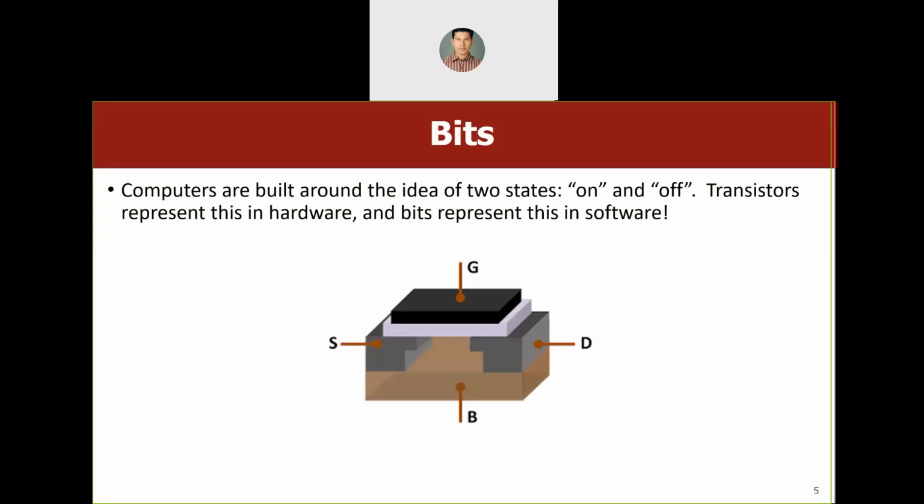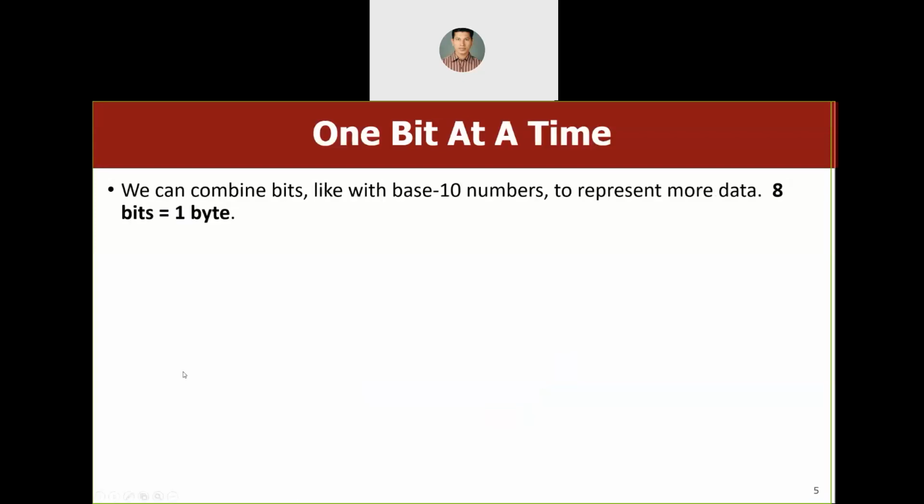Computers are built around the idea of two states, on and off, as computers are built with electronic devices, and the basic component of any electronic device or any IC is transistors. So transistors represent this in hardware and bits represent this in software.